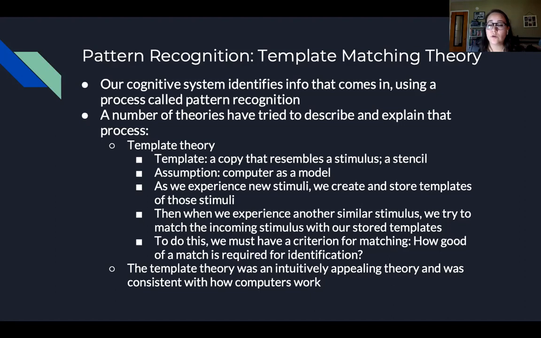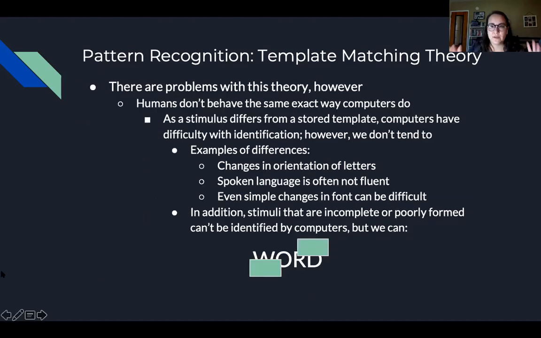But more difficulties arise when we move from computers to talking about complex human pattern recognition. Some of the problems with this template matching theory have to do with the fact that humans don't behave exactly the way that computers do, right?